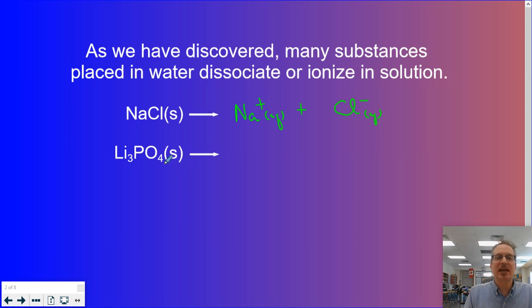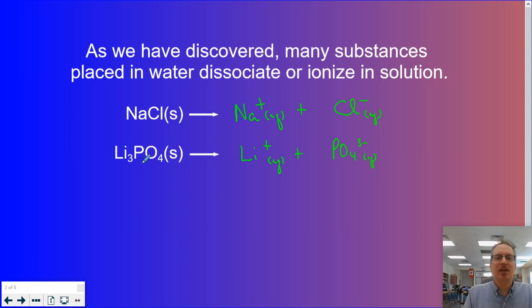Let's do the second one together. Lithium phosphate. Again, we're going to go to our solubility table. We're going to look up lithium phosphate because it's ionic. Under phosphate, lithium's group 1, so it's going to be highly soluble. So this is going to dissociate into Li positive aqueous and PO4 minus aqueous.